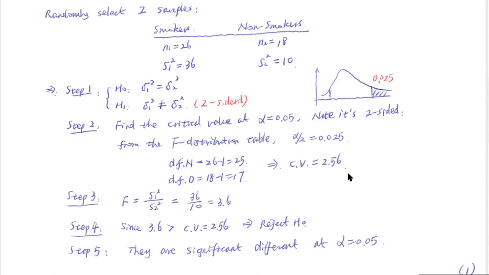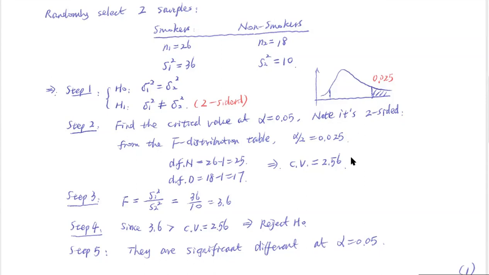Okay, now we have finished the calculation. We have found the critical value. Step number 4, remember, try to make a decision. When you make a decision, remember to draw this bell-shaped form. Alpha is 5%. The critical value is 2.56.